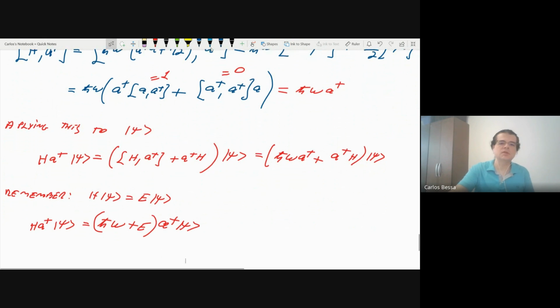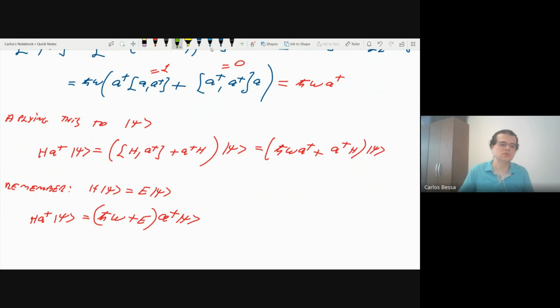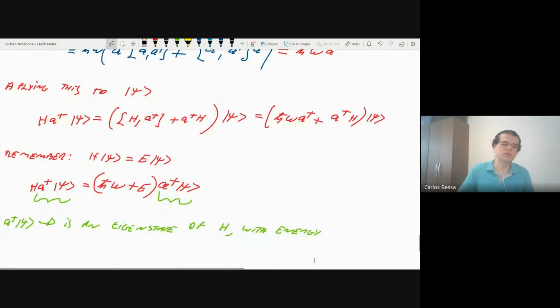And this state here, this guy here, is an eigenstate of the Hamiltonian with energy, which is the eigenvalue, E plus H bar omega.